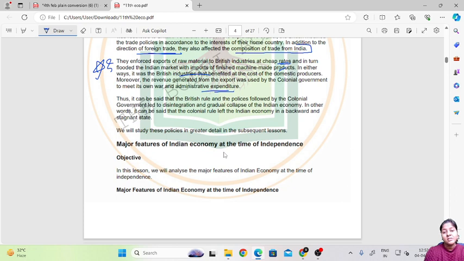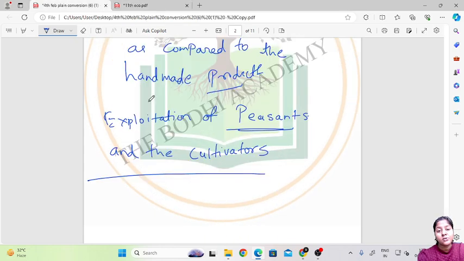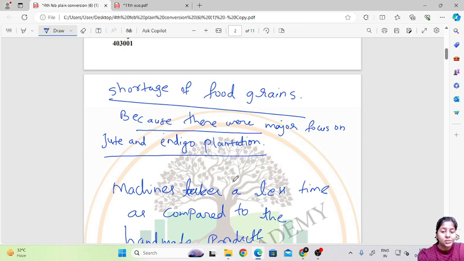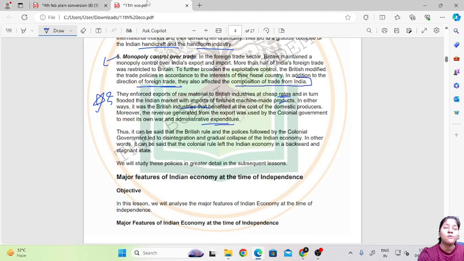In other words, the colonial rule left the Indian economy in a backward state, because they focused more on cash crops, and the Indian-made products they sold, they imported again to India, and then there was stiff competition between Indian domestic workers and the British-made finished products.